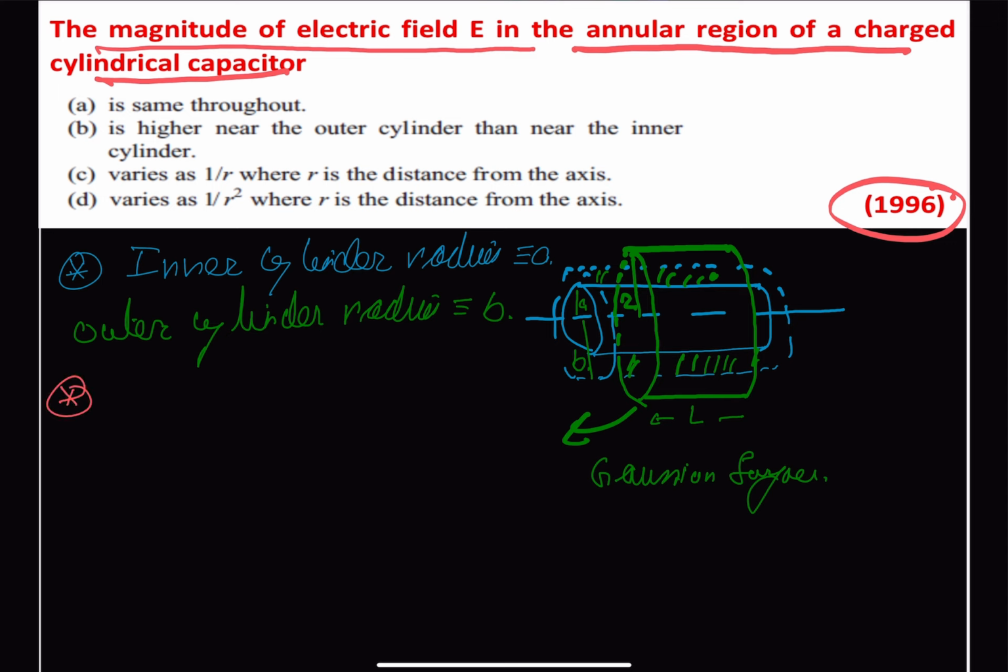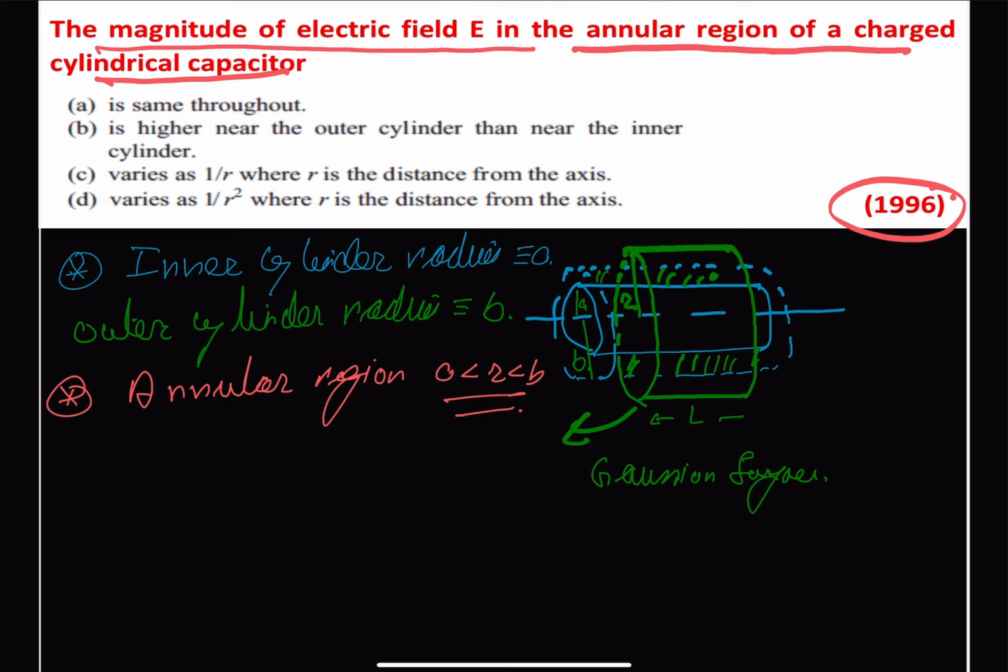So in the annular region, R is greater than A but less than B, and we have to find out the electric field between this.